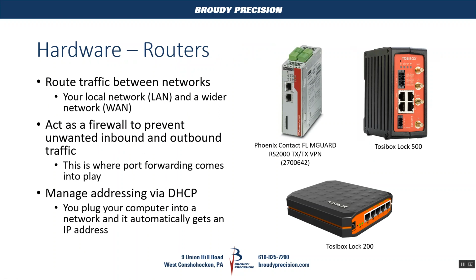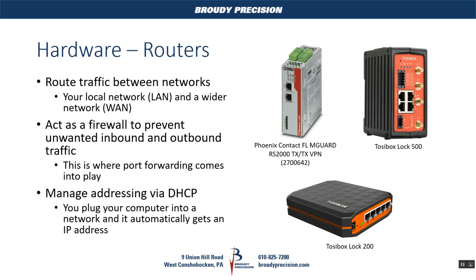The next piece of the hardware is routers. So routers give you the ability to route traffic between individual networks. Typically we'll see this when we're routing traffic between a local area network and a wider or a WAN network. So basically between your local area network and the internet. But they also act as a firewall to protect your network from unwanted traffic and hackers from getting in from outside.